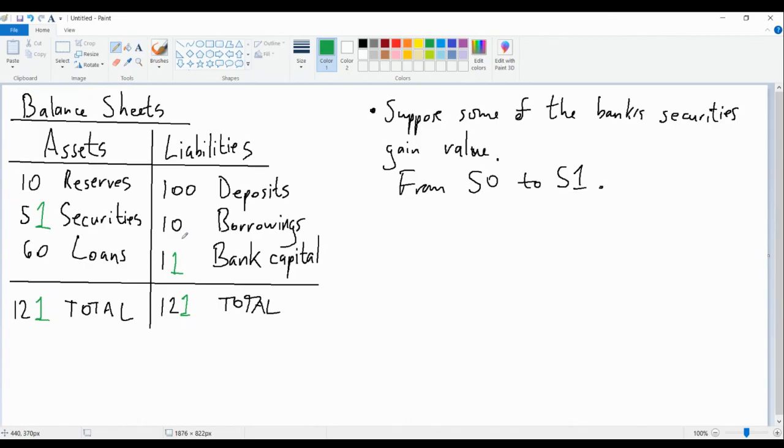Left over for who? Left over for the owners. So when the bank's assets gain value, that extra that's left over for the owners has become larger, which of course makes the owners of the banks very, very happy. Any questions, thoughts, comments?